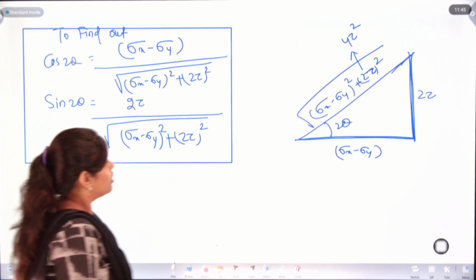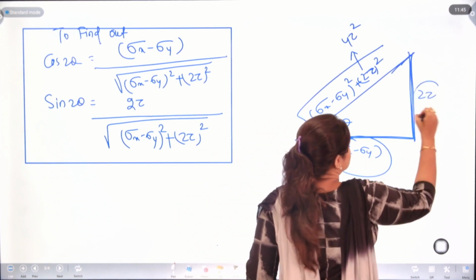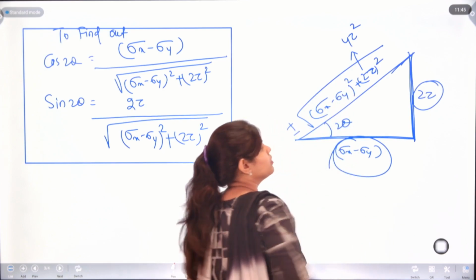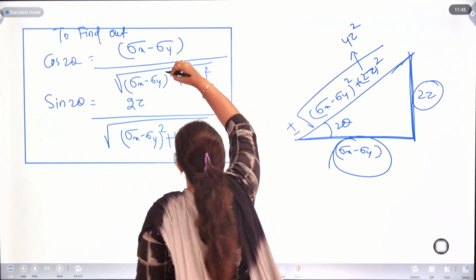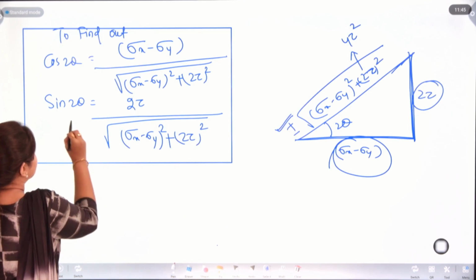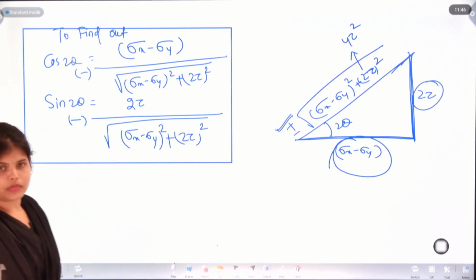As we know, this we have and this we have. So it will be positive or negative of the root of this. We have written this formula for positive; for negative, there will be addition of a negative sign.